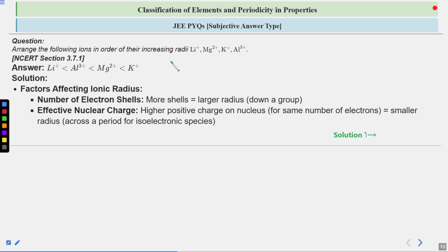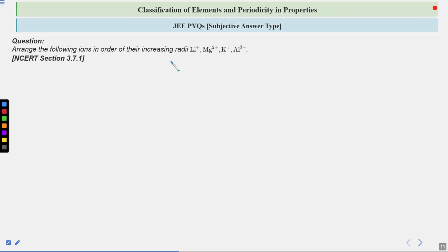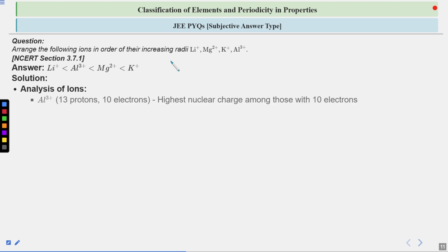Now let us analyze all of these ions and see what the number of shells is and what the electron and proton count is in the given species. So if you analyze all of this, what will you get? For aluminium 3 plus there are 13 protons and 10 electrons because 3 electrons are removed.